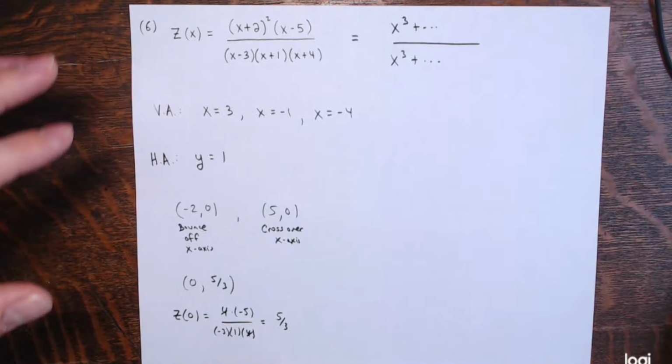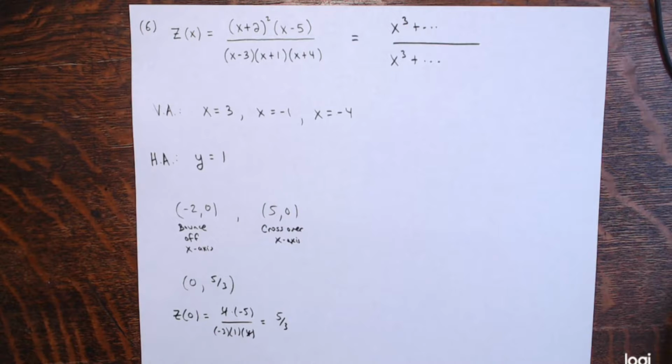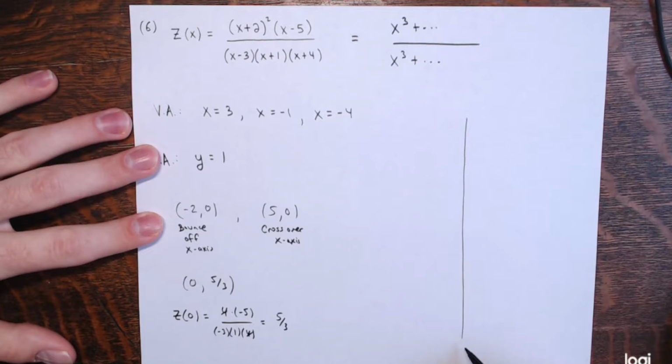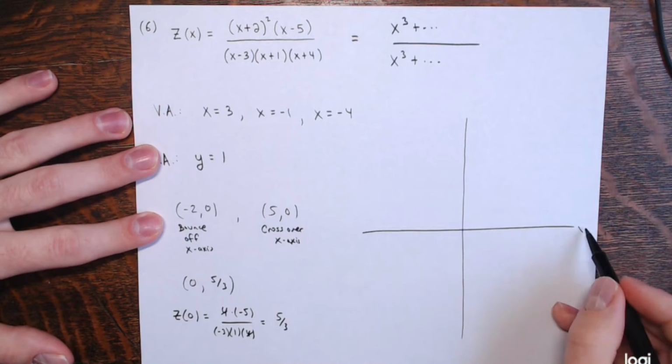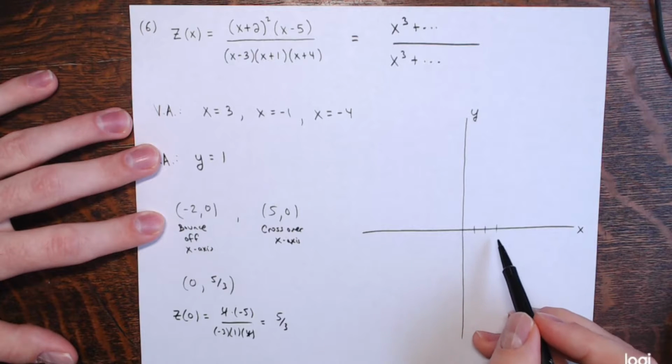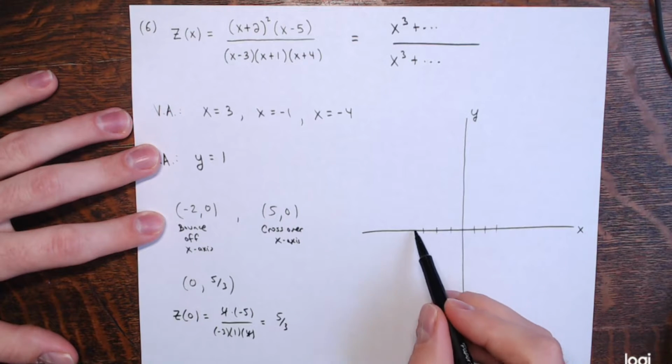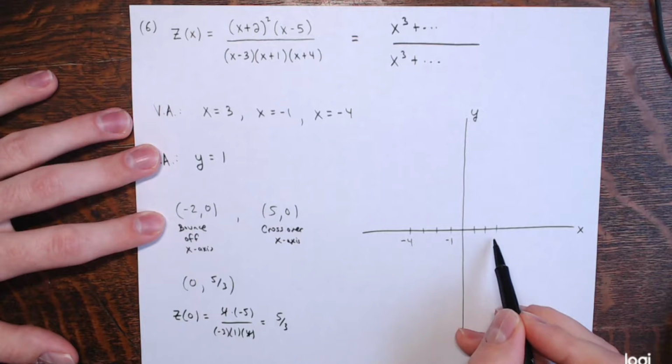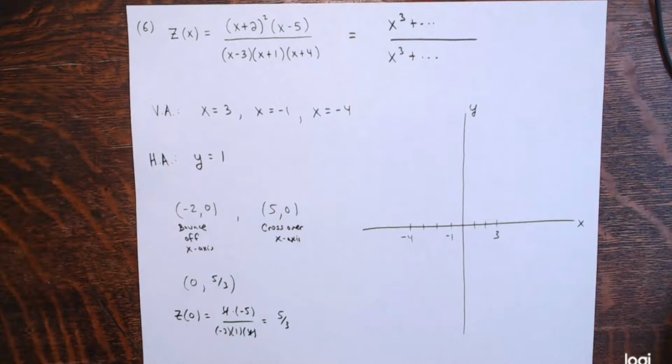So (0, 5/3) for the y-intercept. All right, and that should be enough information. Maybe I'll have to plot some other points. We'll see. So 1, 2, 3, -1, 2, 3, 4. There's -4. There's -1. There's positive 3. Those are where the vertical asymptotes will be.